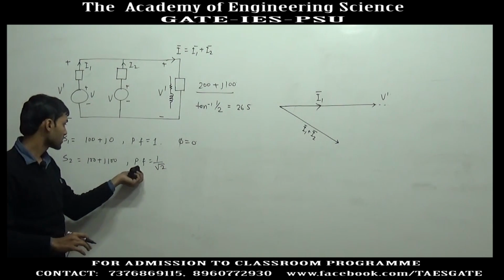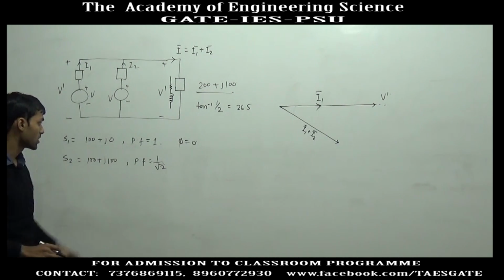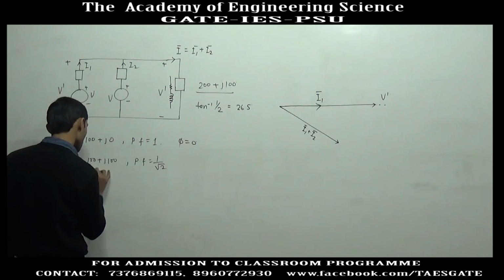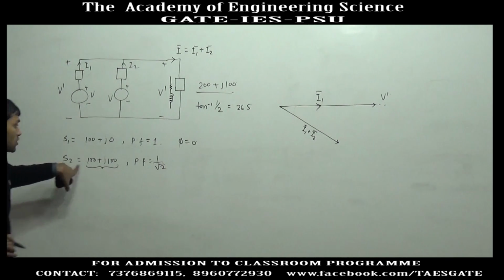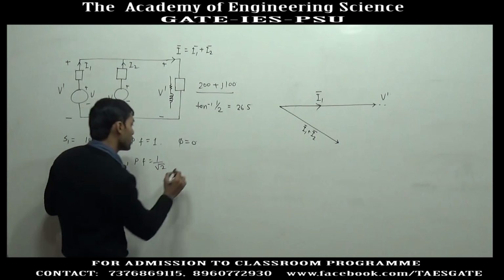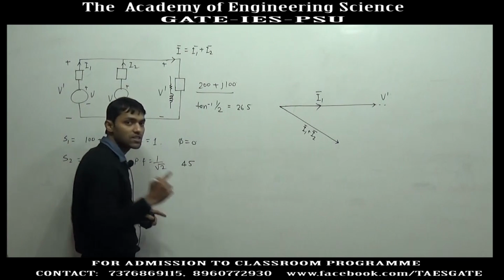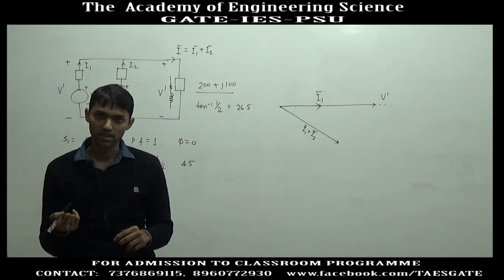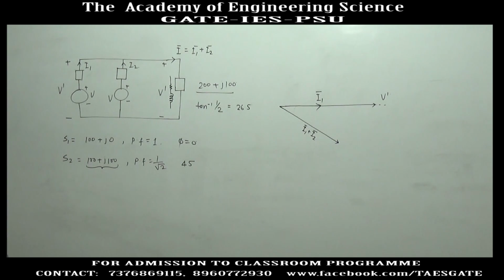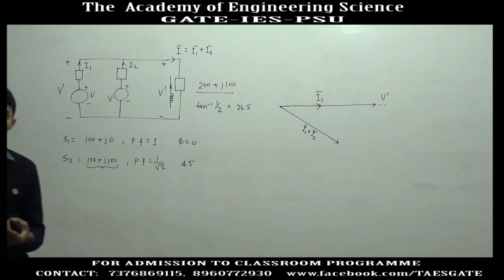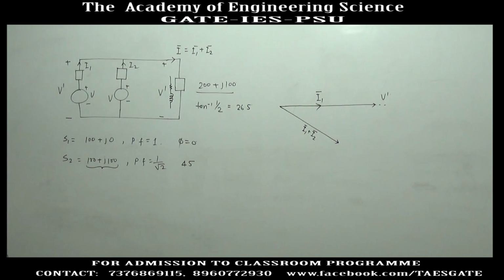Similarly, the power factor for generator 2 is 1 by root 2. Since generator 2 is supplying lagging power, the current supplied by generator 2 will also lag its voltage by an angle of 45 degrees. Whenever a generator supplies positive lagging power, the current supplied by the generator is lagging. Whenever a load takes positive reactive power, the load current lags the voltage.